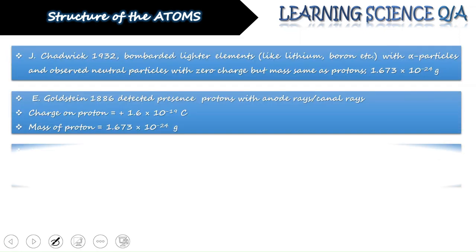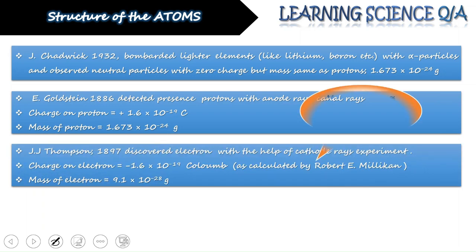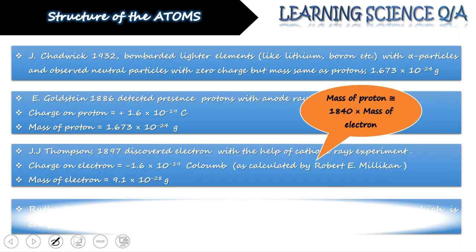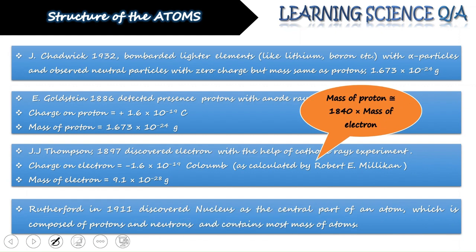Before we move forward, let's see some of the facts about the subatomic particles. Like who discovered the neutron, proton, electron, and nucleus along with their year of discovery? What are their masses?